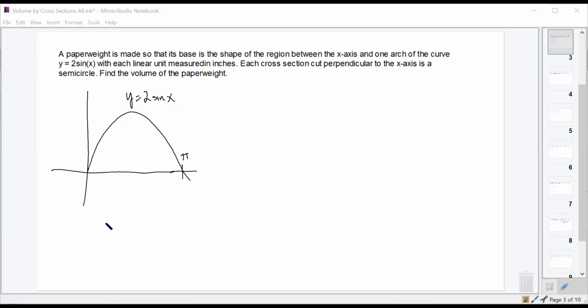So perpendicular to the x-axis means the semicircles will be going this direction. Coming straight out of the screen right at you are, if you could slice it an infinite number of times, an infinite number of these little semicircles sticking out at you.